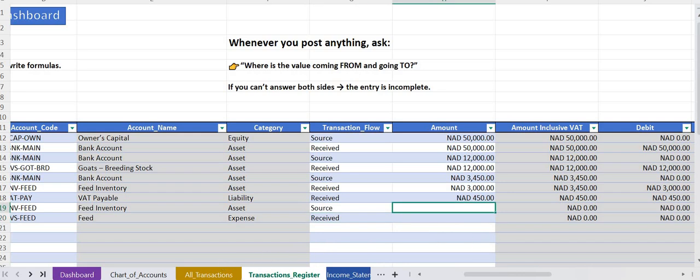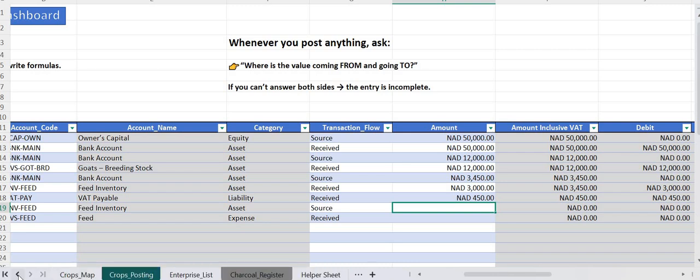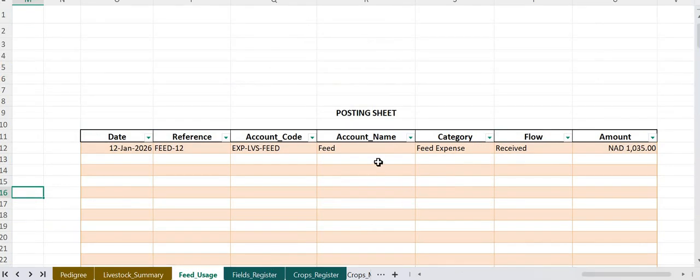How much was it? We go back, we see feed usage, and it's 1035. You see also here that all this information, this is the second line we said, is already given to you. All you have to do is put them in, similar to what we have already put in there.